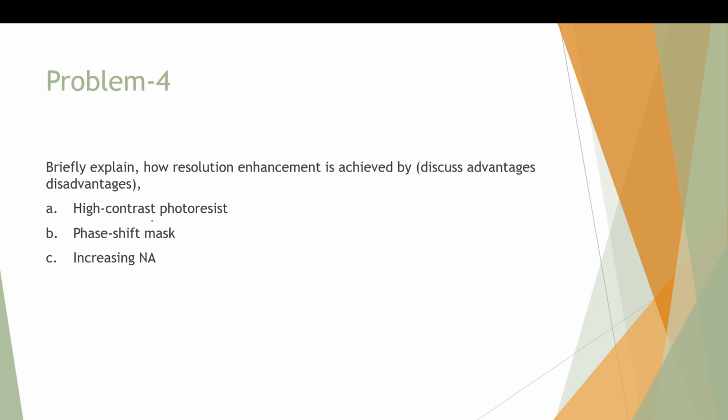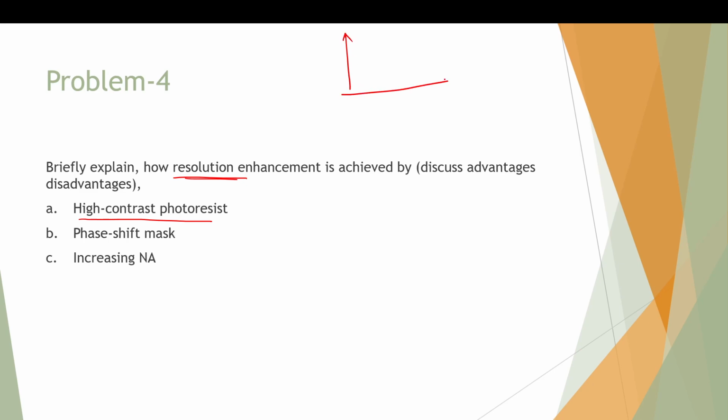So, how can we achieve better resolution or resolution enhancement by using high contrast photoresist? First of all, high contrast photoresist will definitely yield better resolution. So what is high contrast?